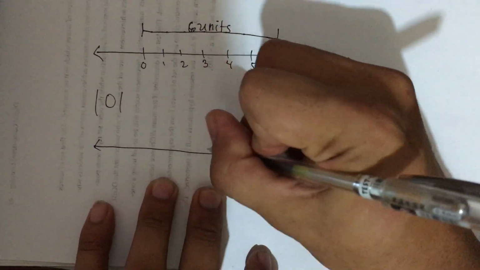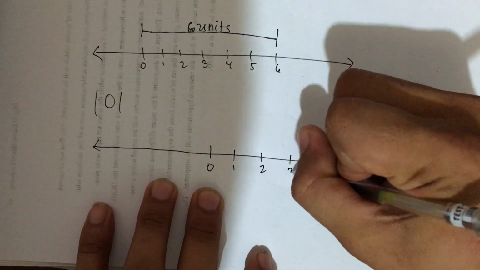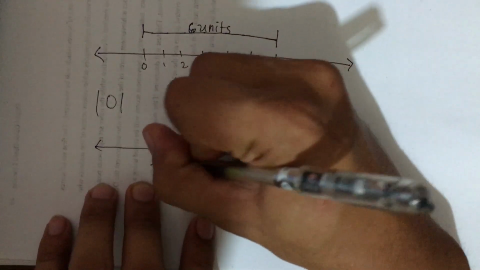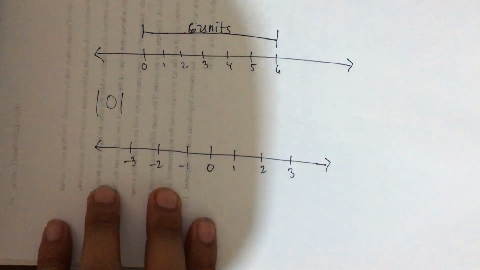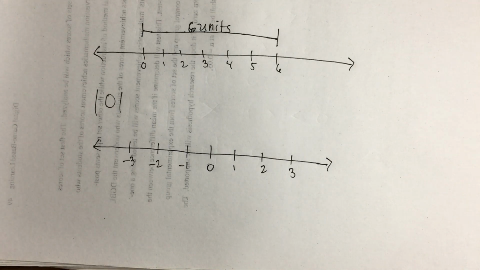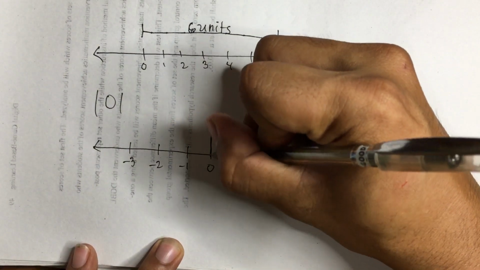If this is 0, next is 1, 2, 3. And if we go backwards, from 0, negative 1, negative 2, negative 3. Now where is 0 there? 0 is here. So this is now the absolute value of 0.